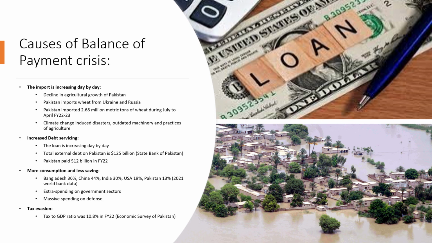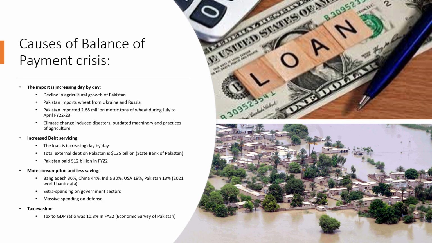Then another problem, tax evasion. This is also a cause of balance of payment crisis. We all know that government earns from tax. Tax is a revenue for government, but people in Pakistan do not pay tax. They do practice tax evasion. In fiscal year 2022, the tax to GDP ratio in Pakistan was only 10.8%, and this is the data of the Economic Survey of Pakistan.